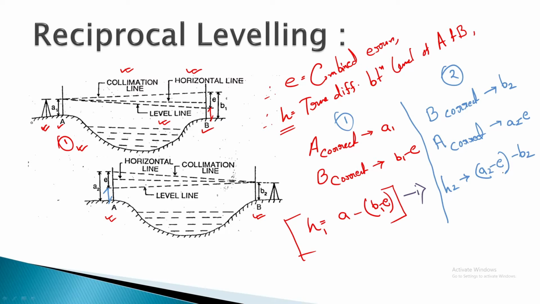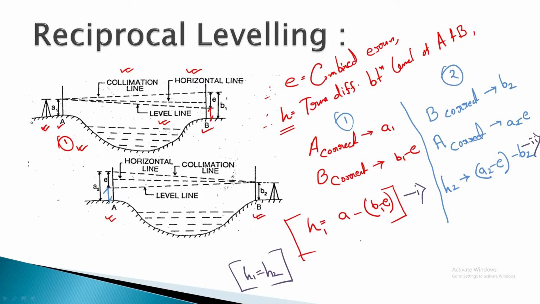Now, if this is equation 1 and this one is equation 2, from equation 1 and equation 2 we can write that H1 equals H2, because the difference of level between points A and B will definitely be the same for both cases.